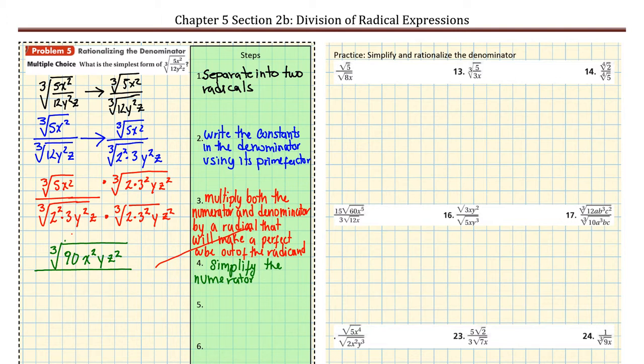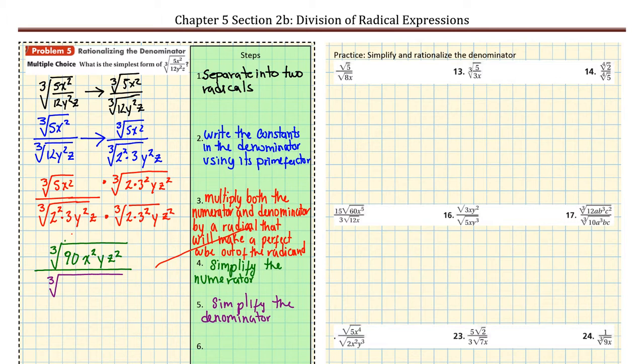Now for step number 5, we're going to simplify the denominator as well. And I want you guys to watch very closely what happens to the denominator when we simplify. So let's begin simplifying the denominator. Now, for right now, we still have the cube root. When we multiply 2 squared times 2, you get 2 cubed.